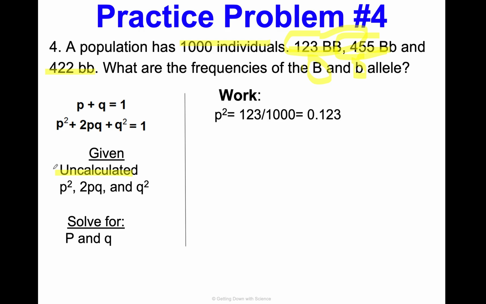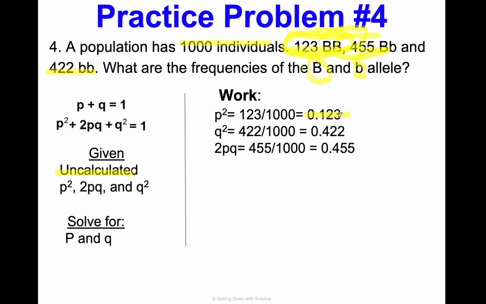So the first thing we're going to do is get the homozygote dominant into a percentage, right? So P squared, so 123 over 1,000 equals 12.3%, right? Or 0.123. Then we find our Q squared. Then we find our 2PQ. Okay, but that's not really what we're looking for, right?